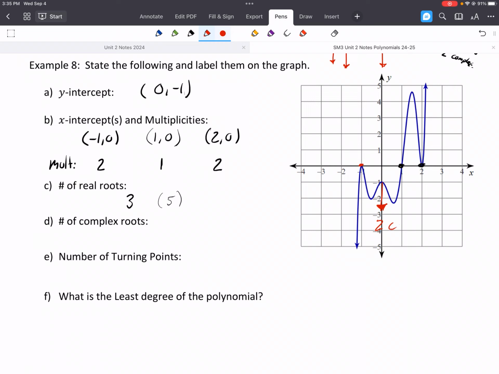That would give us 2 complex. And I think that's the only one. So we'd have 2 complex roots. If we were adding these together, that would give us 7 total roots. And then the number of turning points, we have 1, 2, 3, 4, 5, 6 turning points. And we know that the least degree is just going to be 1 more than that, so 7, which makes sense because our total number of roots is the same as our least degree.